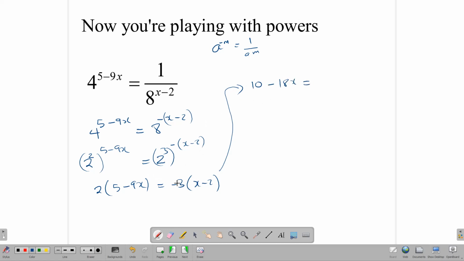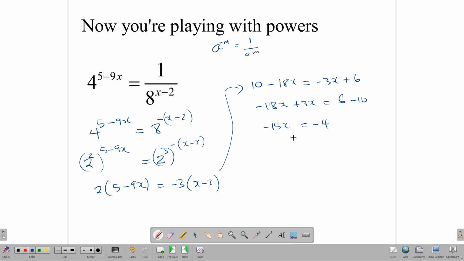And that is equal to negative 3x plus 6. And we simply need to rearrange this equation. So we have a negative 18x here plus a 3x, and that is equal to 6 take away 10. So now we have a negative 15x, and that's equal to negative 4.